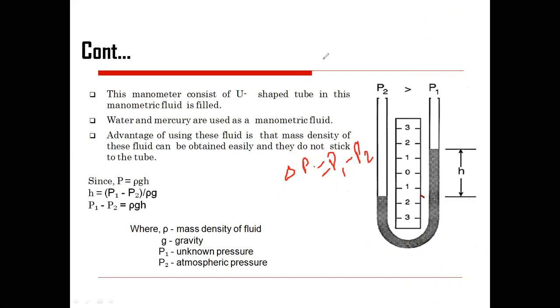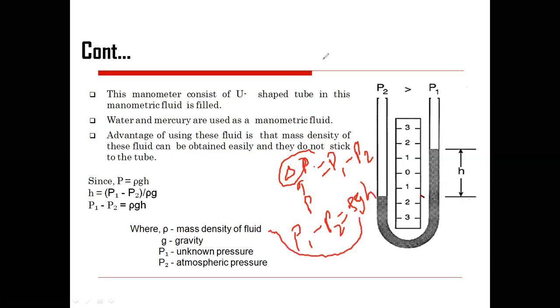So P1 minus P2 is equal to rho g h, where rho is the mass density of the fluid, g is the acceleration due to gravity, P1 is the unknown pressure which I am interested to measure, and P2 is my atmospheric pressure.